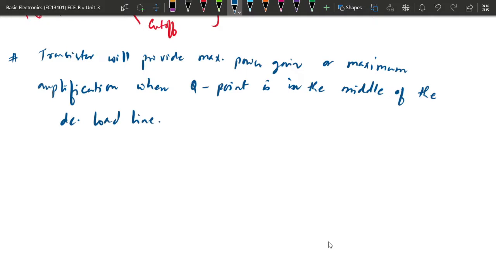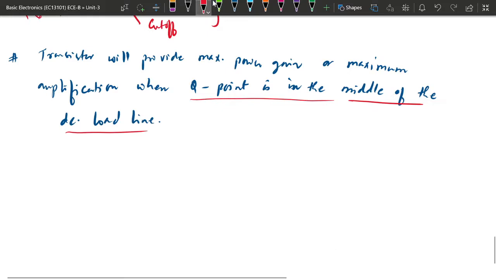If we shift the Q point towards the saturation side or the cutoff side, there will be distortion, and if distortion takes place, the amplification will reduce. So the Q point should be set in the middle of the load line, which will provide us the maximum amplification.